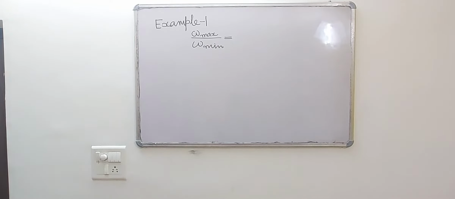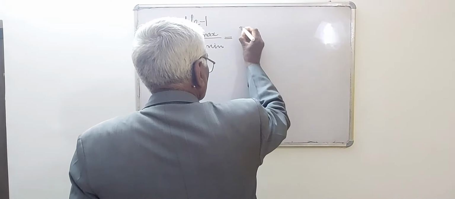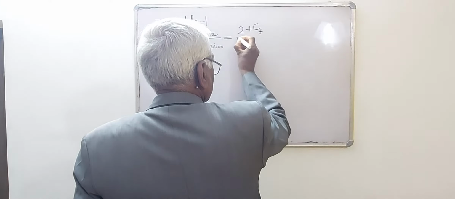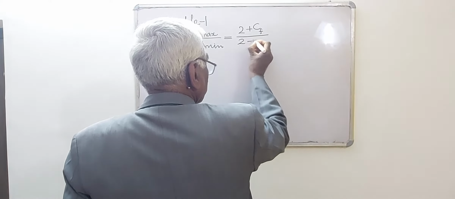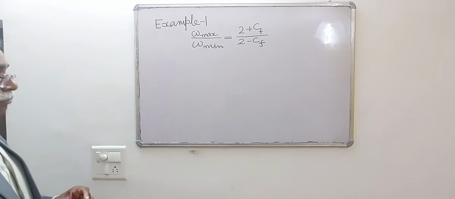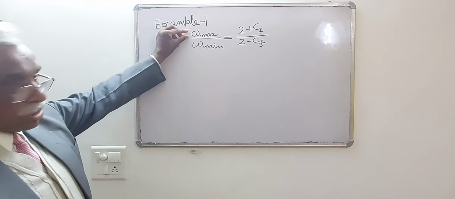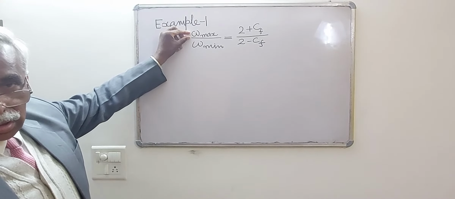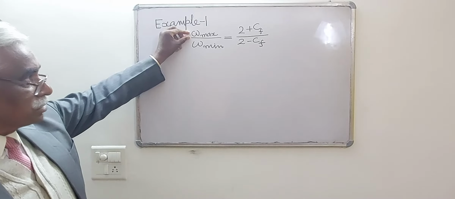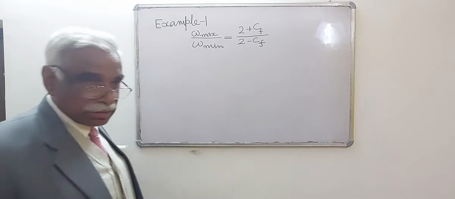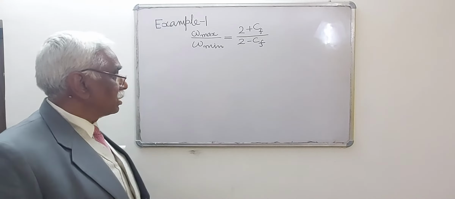It is given by 2CF divided by 2 minus CF. Maximum angular velocity of the flywheel is given by omega max and minimum angular velocity of the flywheel is given by omega minimum.